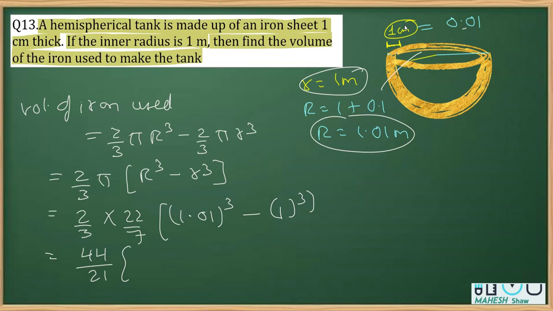And 1.01 cube is 1.030301, minus 1 cube, which is 1, right? Now for the further calculation, this is 44 over 21. If I subtract 1 from 1.030301, we are going to get 0.030301.